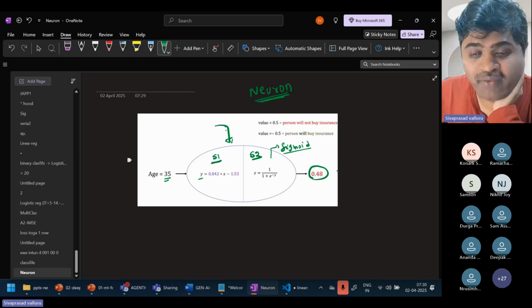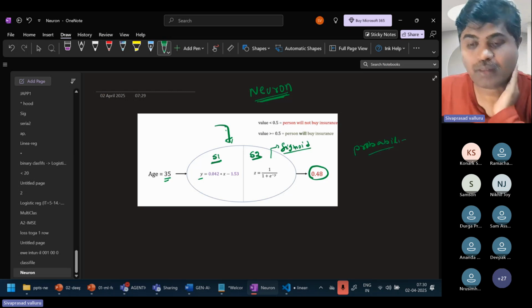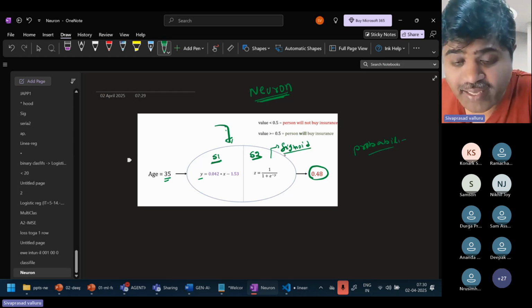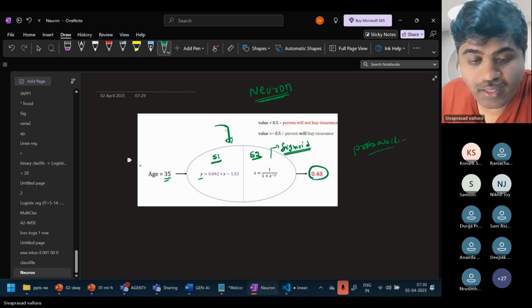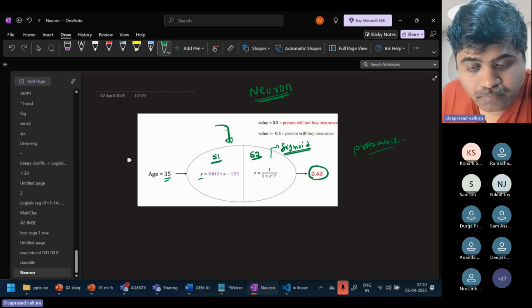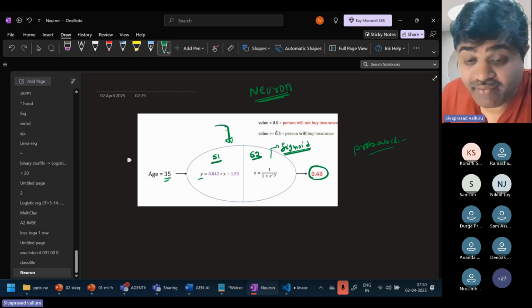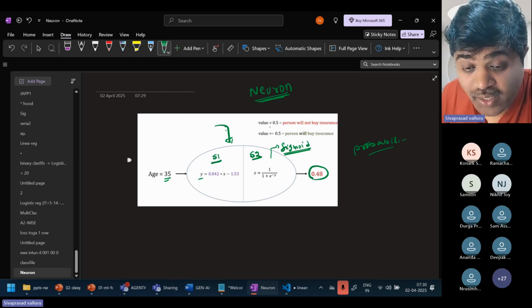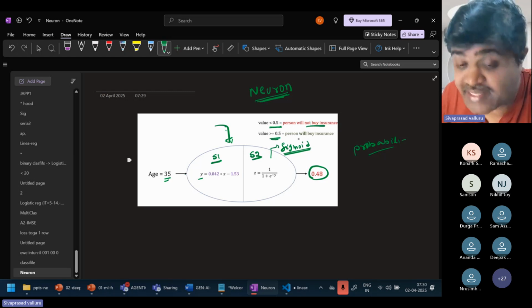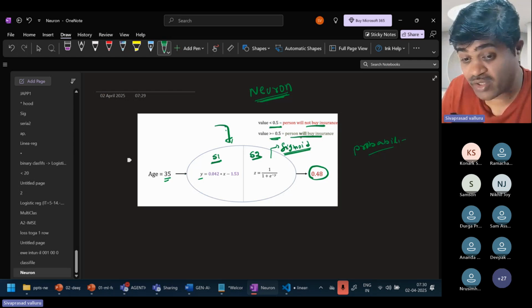The output of the sigmoid function is a probability between 0 and 1. If the value is less than 0.5, the person will not buy an insurance. Greater than 0.5, the person will buy an insurance.